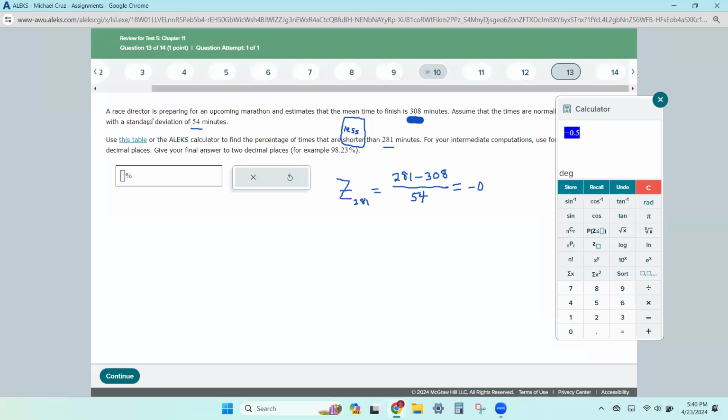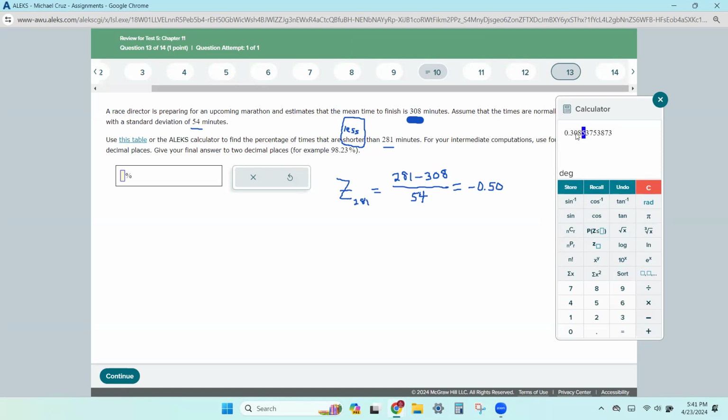The calculator doesn't mind if you just put in negative 0.5, but if you're looking at the table, it might help to look at it like that. All right. So since it's already selected, I'm just going to go ahead and hit that, the third one down under the recall. And then I'm going to hit equal.